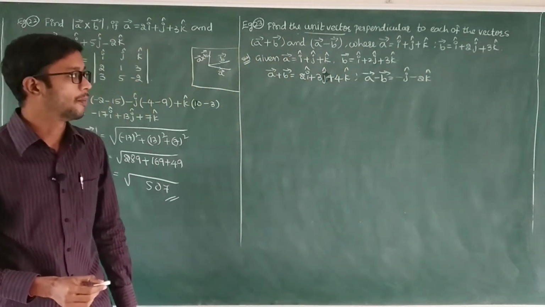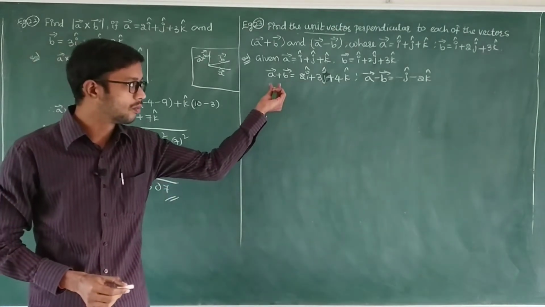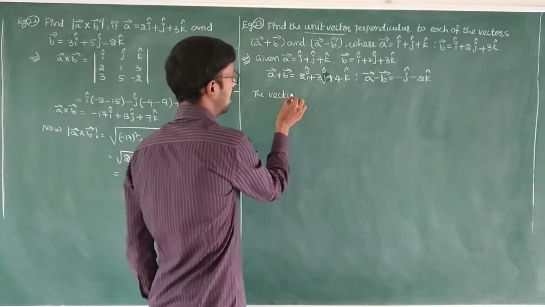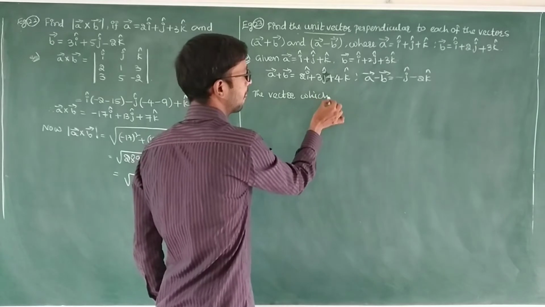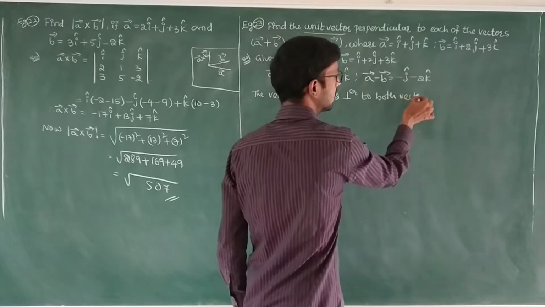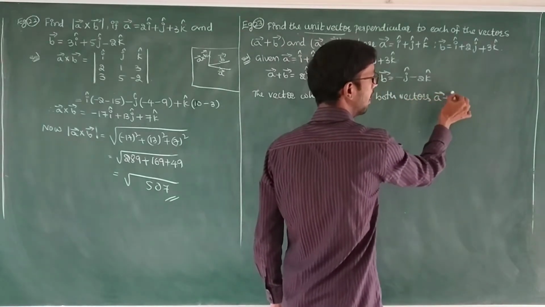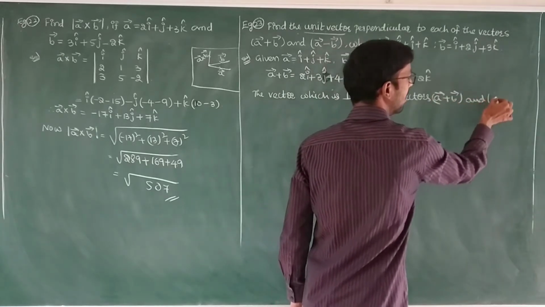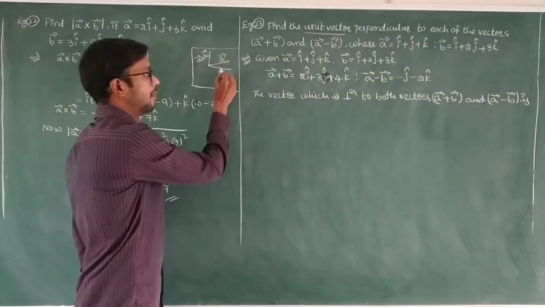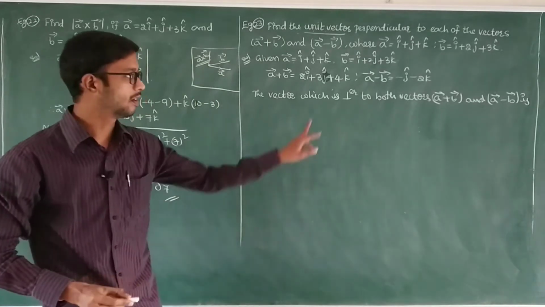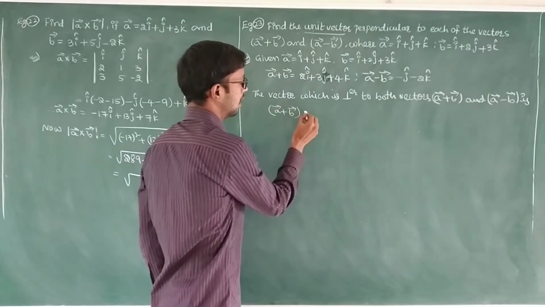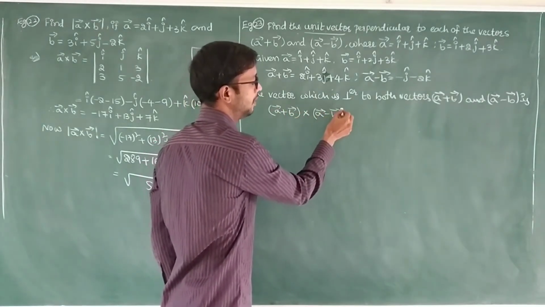So now a vector which is perpendicular to the two vectors A bar plus B bar and A bar minus B bar is the cross product of A bar plus B bar with A bar minus B bar.